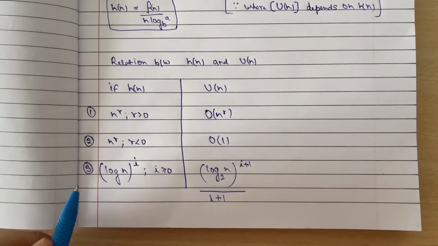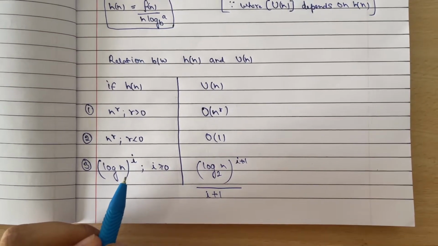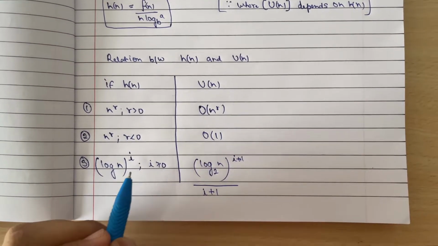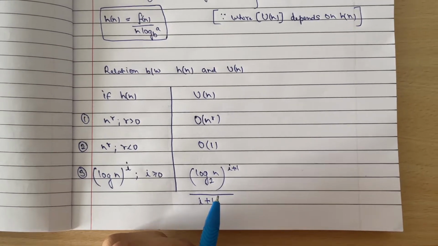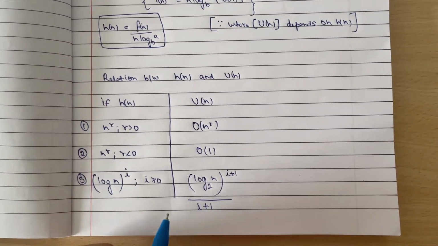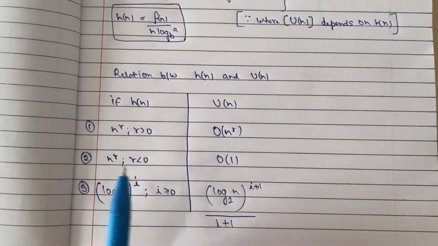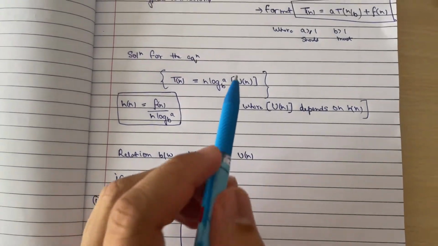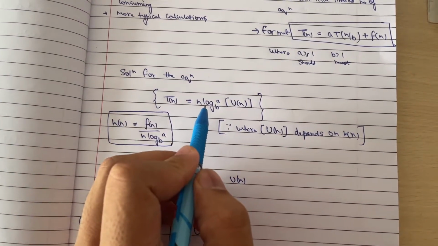The third case is (log n)^i such that i is greater than or equal to 0, then U(n) will be (log_2 n)^(i+1) / (i+1). After finding U(n) with the help of H(n), we put the value of U(n) in the solution equation to find the time complexity.